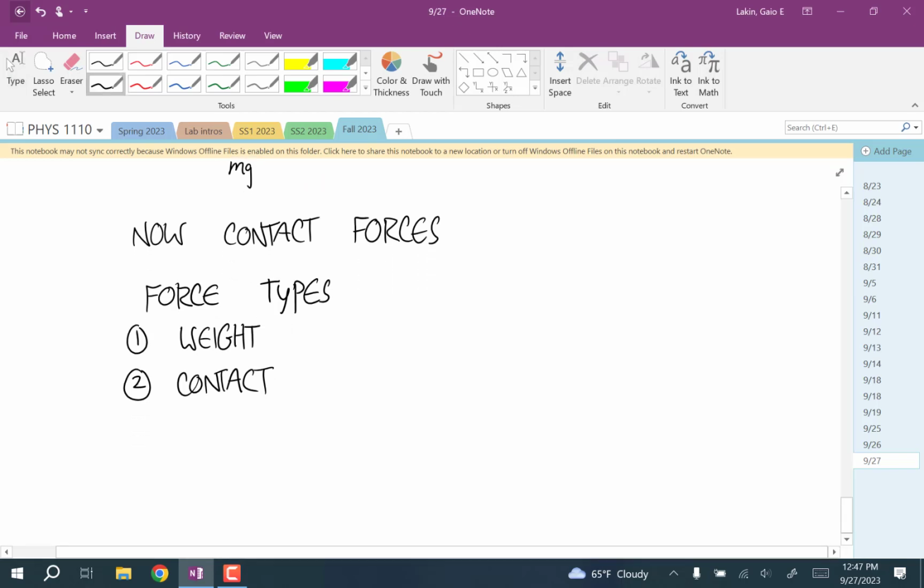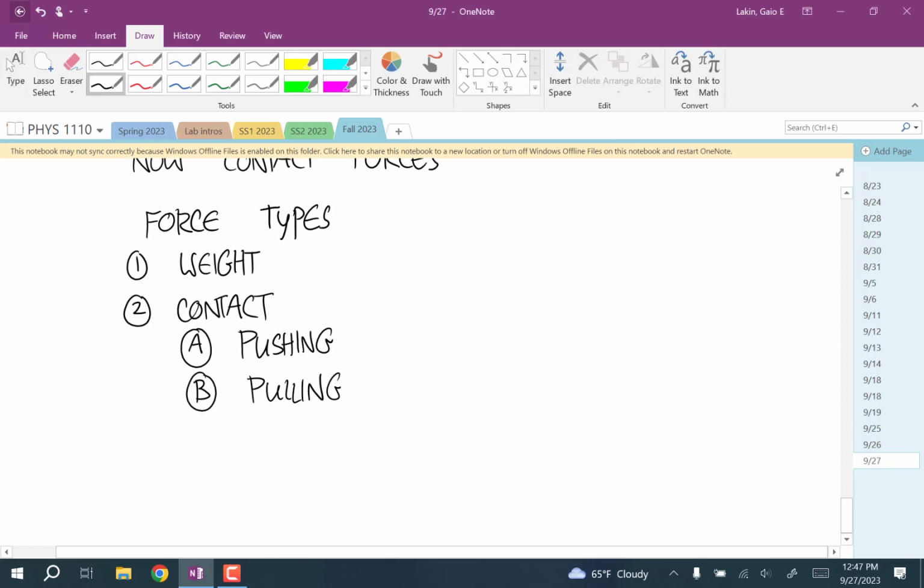So, and the contact forces we're going to break up into three categories. So the first one is pushing contact. The second one is pulling contact. And for now, I'm just going to put in parentheses cables, because whenever something's pulling on another object, you can think of that contact being replaced by like a rope or a cable, okay?